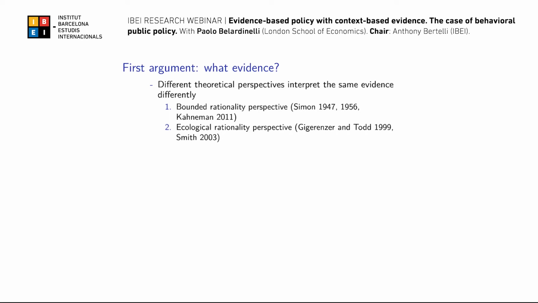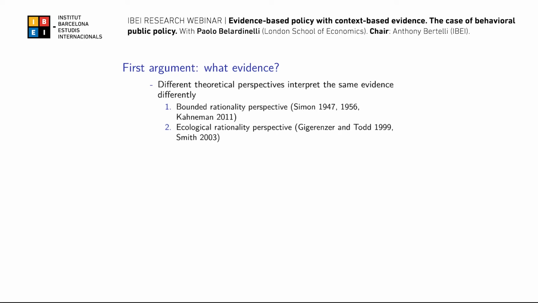So we try to find a solution that maximizes our utility according to standard models. According to bounded rationality and ecological rationality perspectives, actually, we rely on a high number of heuristics when we make decisions. We don't optimize, Simon would say we satisfice, we rely on simple mechanisms that help us deal with the complexity of the environment.